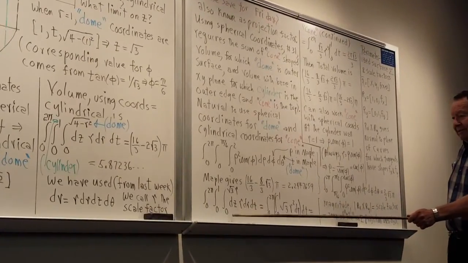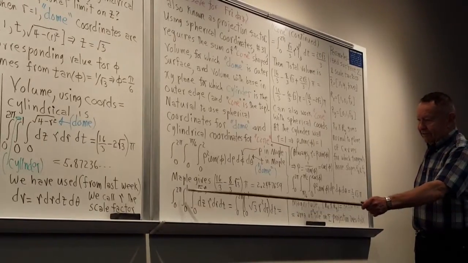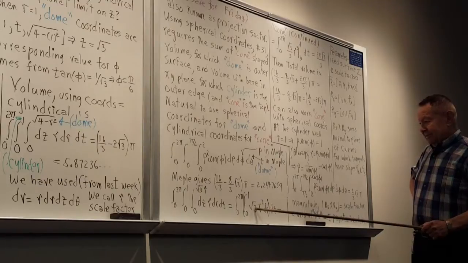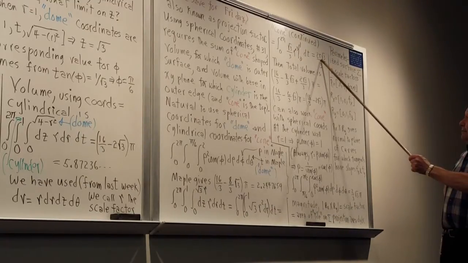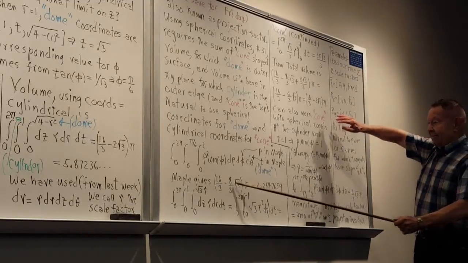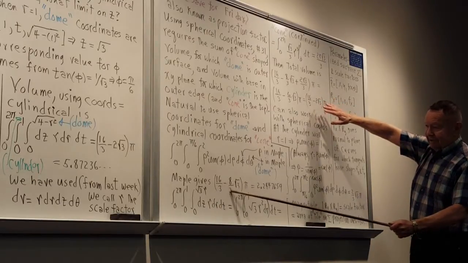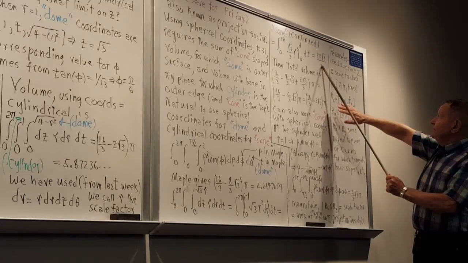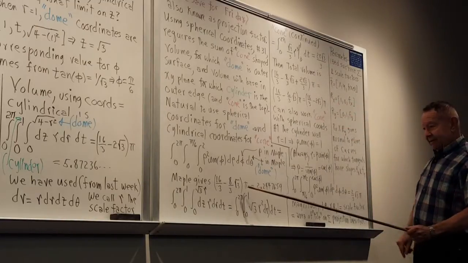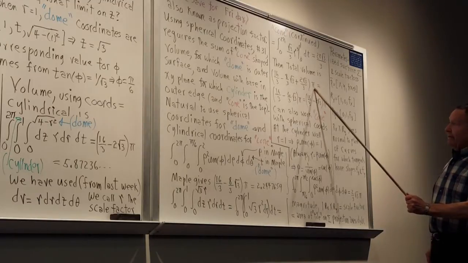So z is 0 to root 3 r, and then r is 0 to 1, and so on. So you do that integral, and you get this. Then if you add this to this one, you have 16/3 minus 8/3 root 3 plus 2/3 root 3, and then pi is the factor of everything.